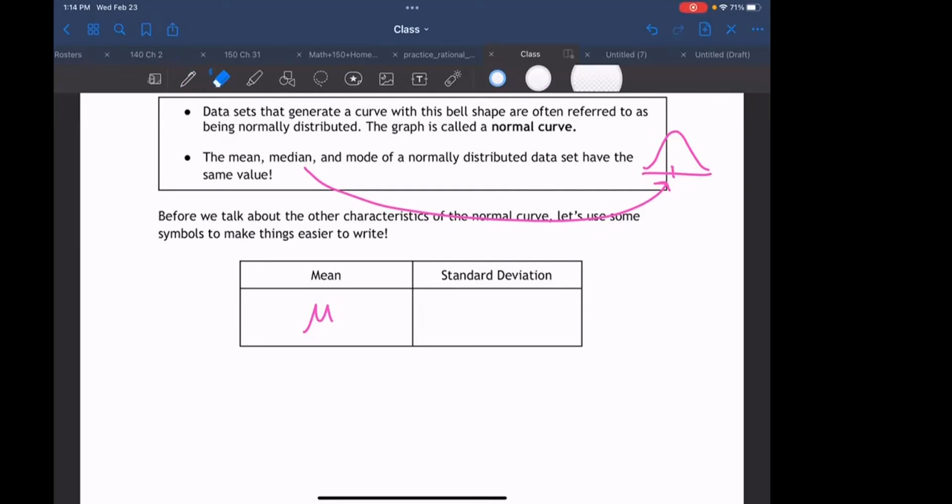And we learned about standard deviation on Monday, right? We have a special symbol for that too. It's a circle with a line on it. We call that the Greek letter sigma, lowercase sigma. Yeah, it looks like a cherry, doesn't it?